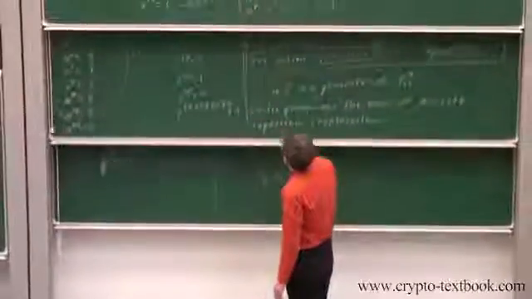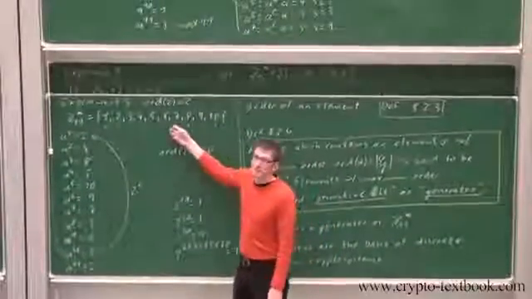Yeah, so that's an easy theorem. For every prime p, das heißt für jede Primzahl, Zp Stern und Multiplikation is a finite cyclic group. That means if you give me a prime, you do exactly what we did here. This is a cyclic group.